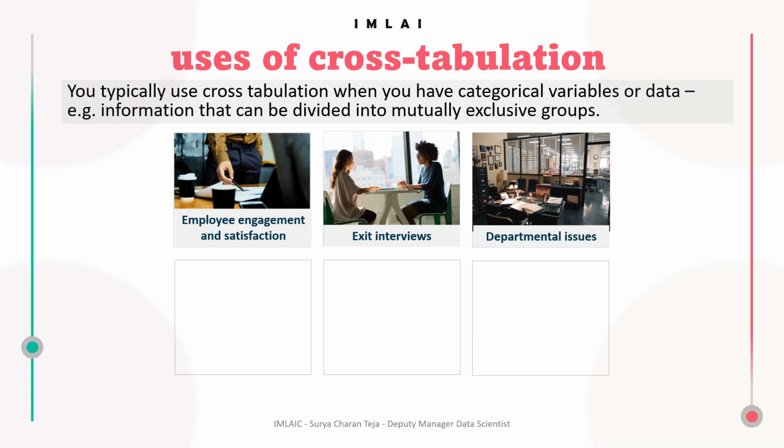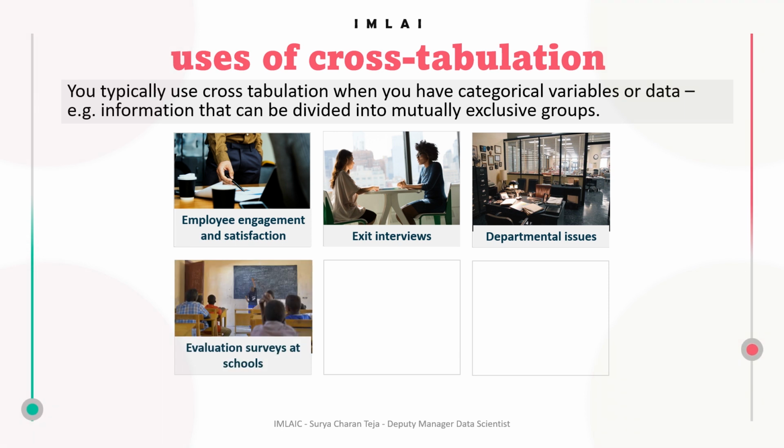Then departmental issues: are these issues caused by one or more variables, and if so, are these issues more prevalent at specific job levels? And evaluation surveys at schools. How do students feel about the course material, and is the time spent on the material sufficient? To find out this kind of information, we can use cross tabulation.